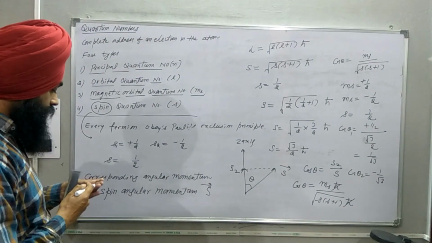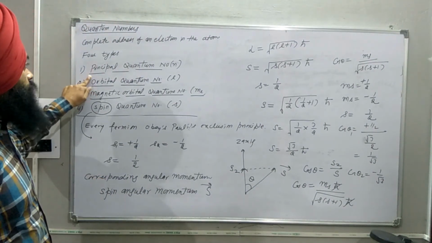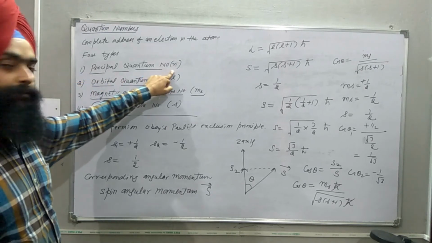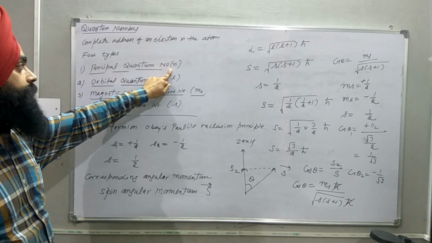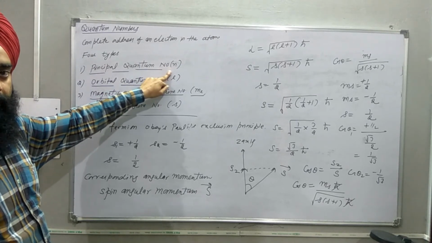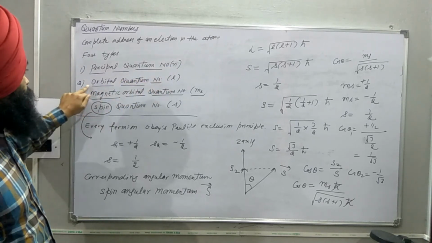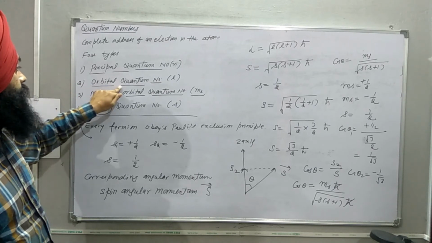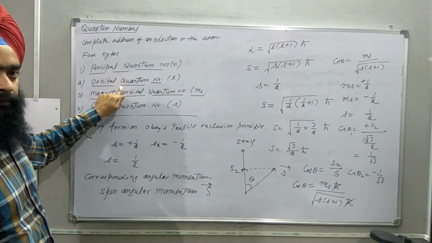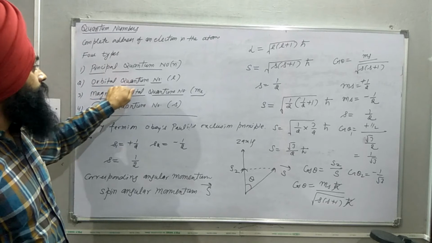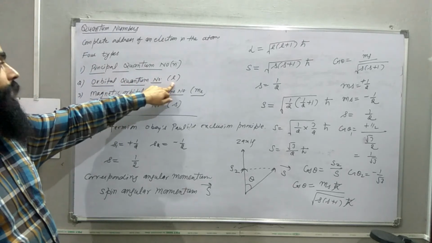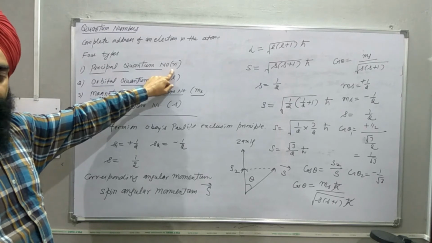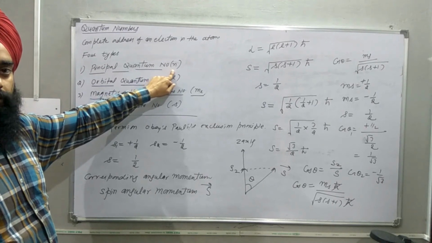So I repeat again, the principal quantum number n gives the main shell in which the electron is present, and those shells are represented by K, L, M, N. Each shell is further divided into subshells, given by the quantum number L, whose value varies from 0 to n minus 1, and n varies from 1, 2, 3 up to infinity.